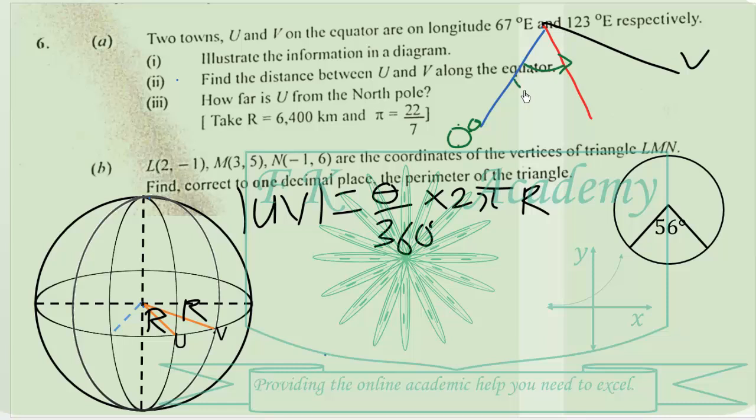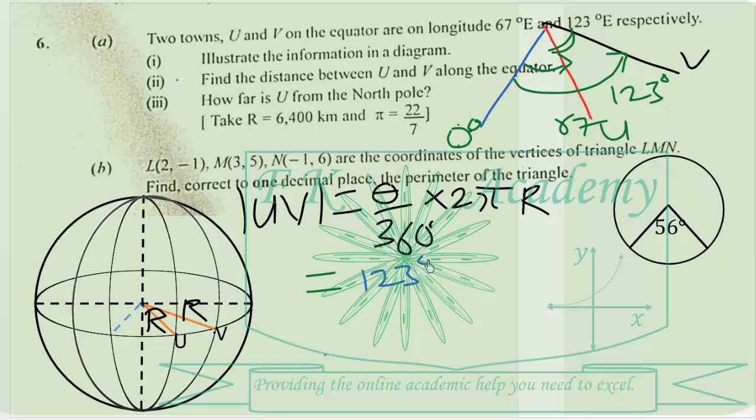Then the angular distance from longitude 0 to V is 123 degrees. So we want to find the angle between U and V, this angle here. How do we do that? We subtract 67 from 123.